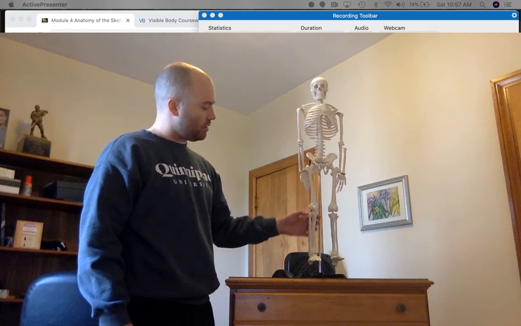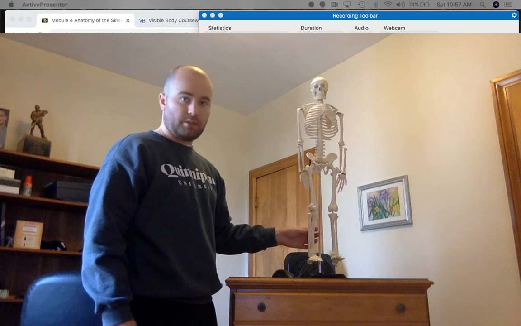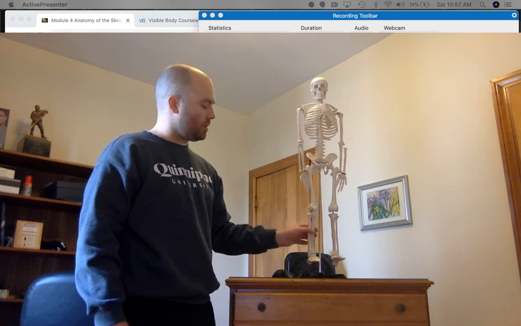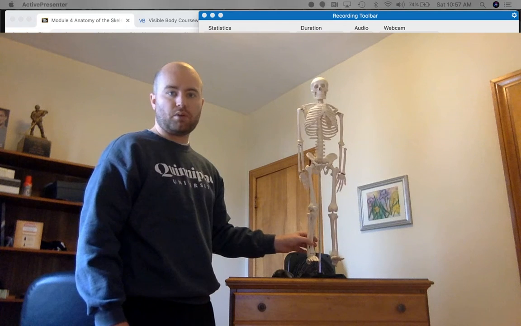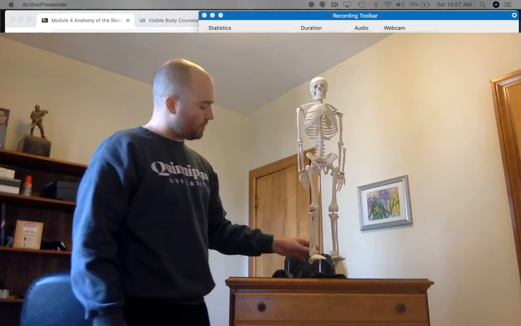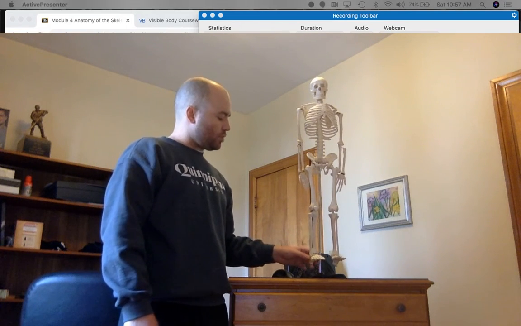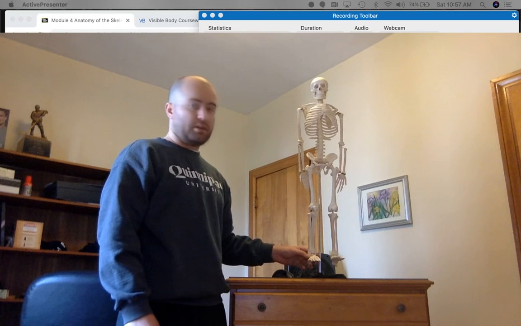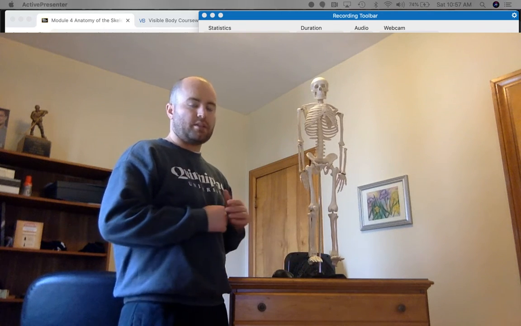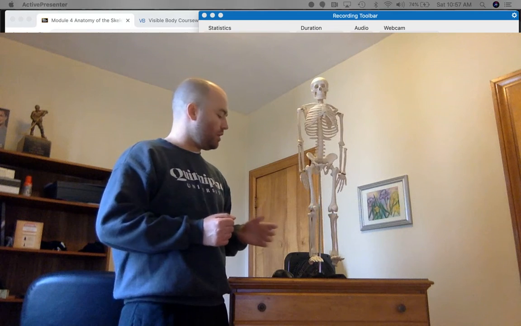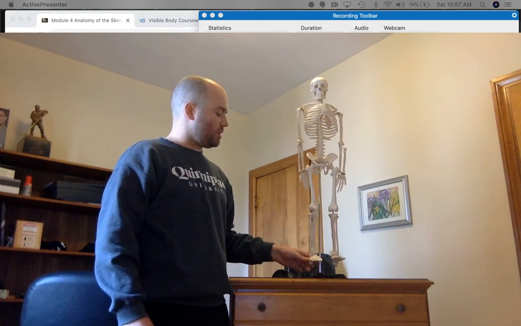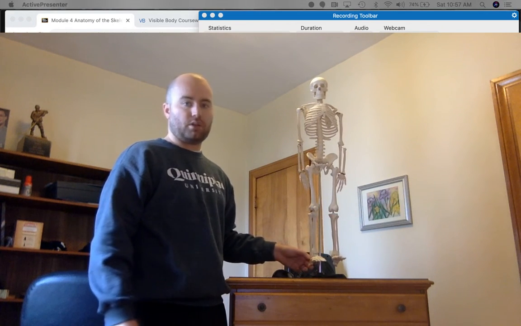And then the lower leg is comprised of the tibia and the fibula, the tibia being the main weight-bearing bone of the lower body. Then directly inferior to the tibia, we have the talus, and that's the main weight-bearing bone of the foot. Right below the talus, we have the calcaneus, and that's your heel bone.